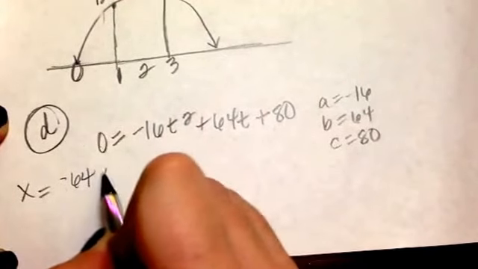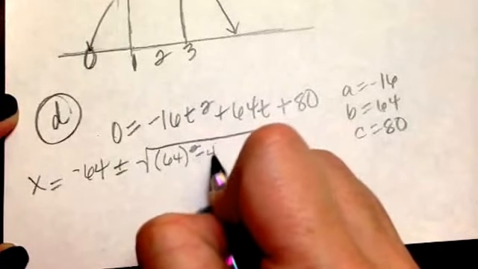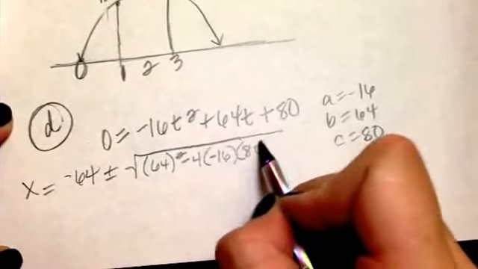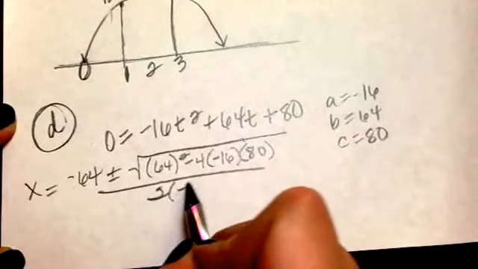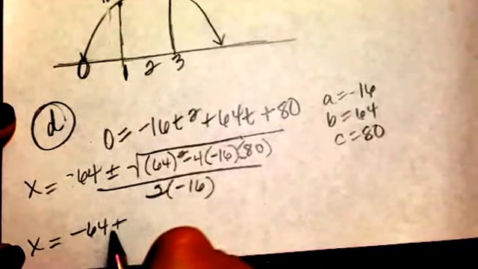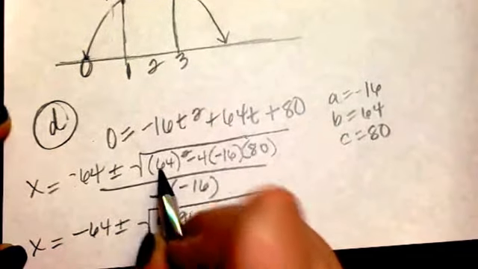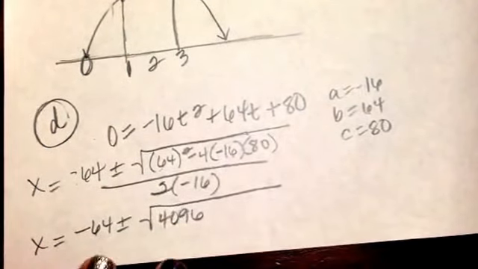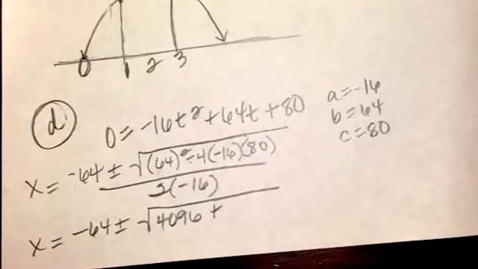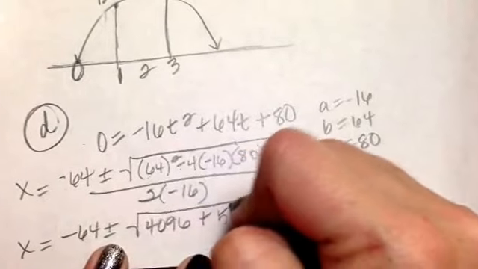Negative b plus or minus radical b squared minus 4 times a times c all over 2a. X is going to be equal to negative 64 plus or minus radical 4,096. I had the square of 64 before. This is going to be adding the product of 4 times 16 times 80, which is 5,120.